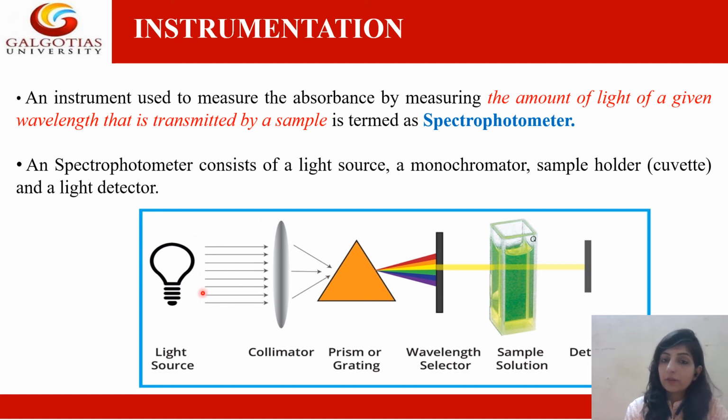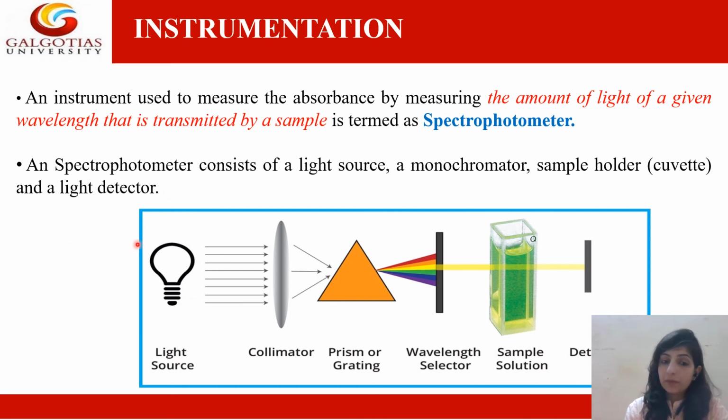Then we have a monochromator, which is basically a wavelength selector. Your wavelength selector can be a monochromator, or we can have filters as our wavelength selectors. Next we have our sample holder, known as a cuvette, which is required to hold the sample. And last we have a detector, which can detect the radiation transmitted by a sample.